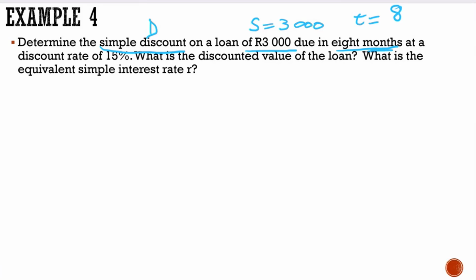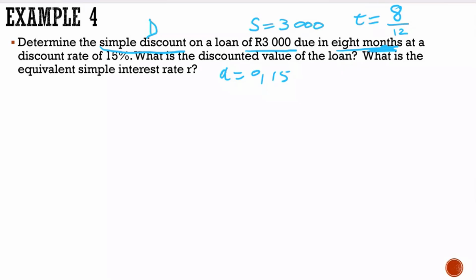You are given the time in 8 months. Remember, if your time is given as less than a year, you need to divide the time by 12 because it's 12 months. At a discount rate, you are given your D. Your D is equal to 0.15. What is the discounted value?